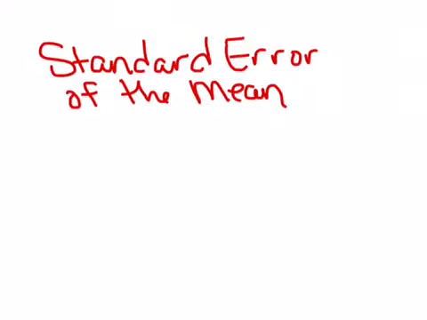And no matter how many times we take a sample from a population, it's never going to perfectly represent the population. So we have to account for the measurement of how far the sample mean deviates from the population mean. That's very specifically what we're measuring when we use the standard error of the mean.